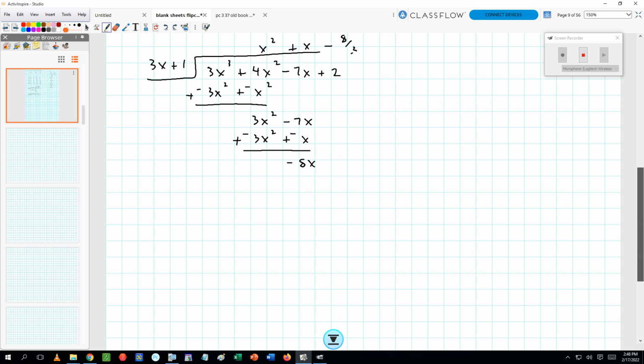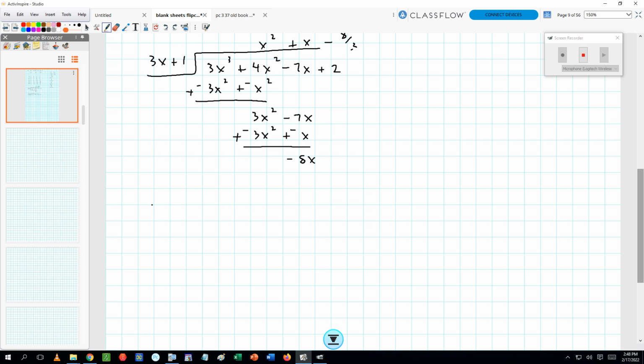3x minus 2. I'm having some bad luck. 3x and the 3x cubed would be an x squared. X would be minus 2x squared.